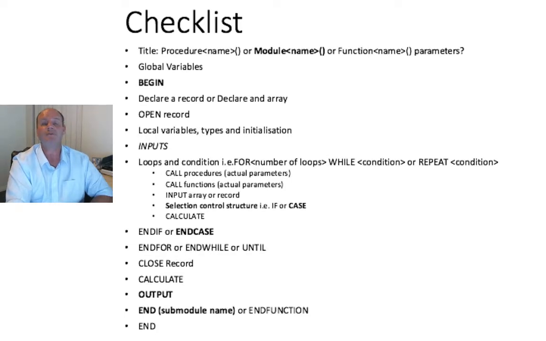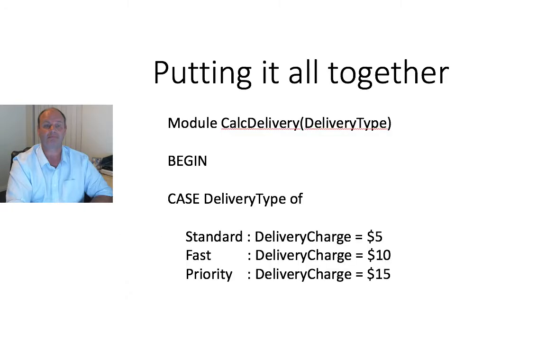Now we come to the processing phase, and this is in the form of a case statement. Again, let's talk about how to correctly write a case statement. We start with the keyword in capitals. The name of the case statement is given to the condition, so the delivery type could be standard, fast, or priority.